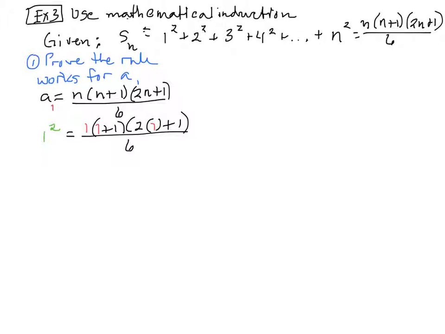All right, so then from here you want to just show your math. So we've got 1 is equal to 1 times 2 times 3 all over 6. And from here, I'm okay with you just saying 1 equals 1 because we are in PreCalculus, and so it's true.